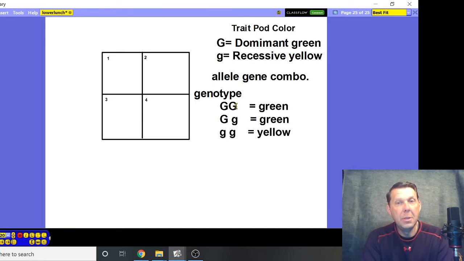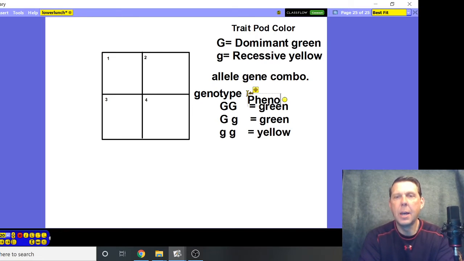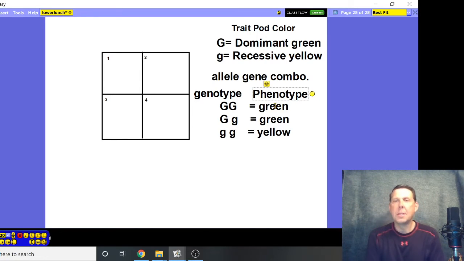Do you have big G, big G, big G, little g, little g, little g? That will determine then the phenotype, and that means the physical characteristics that you see. What's its phenotype? It's green. What's its phenotype? It's yellow.